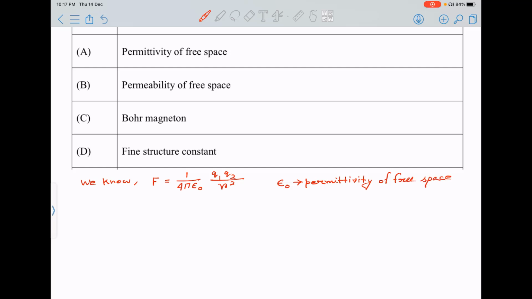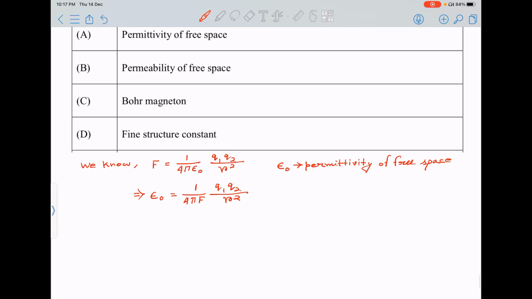Now, from this we can write that epsilon naught will be equal to 1 upon 4 pi F times Q1 Q2 by R square.